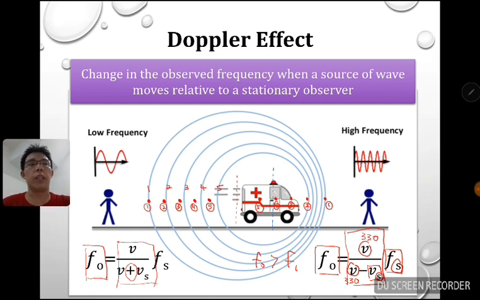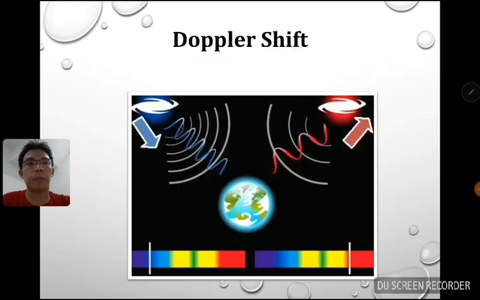So if the source moves relatively, just like the ambulance just now, I said it's supposed to be stationary, but it moves. So once it starts to move, then there will be a change in the frequency. It's not its original frequency as in Fs anymore. Okay, it could be larger or smaller, depends on the situation.